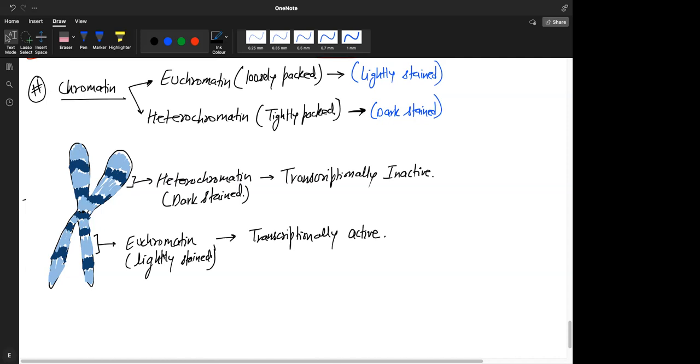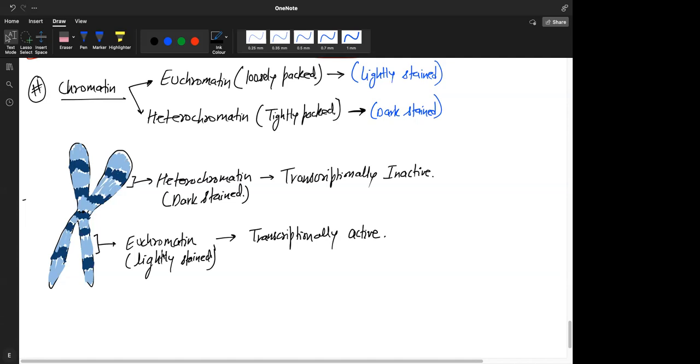You understand? Am I audible? Yes, sir. So as we develop, how does one zygote give rise to so many different kinds of cells, functionally and structurally both?